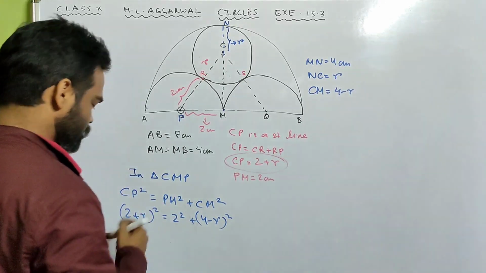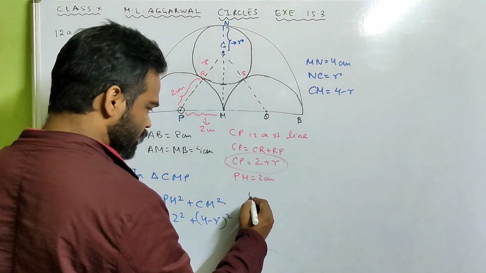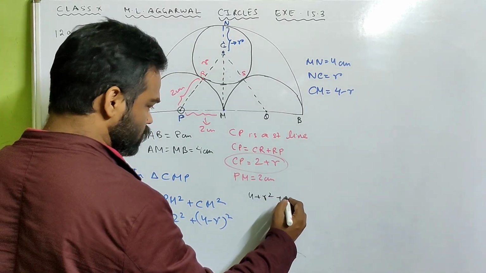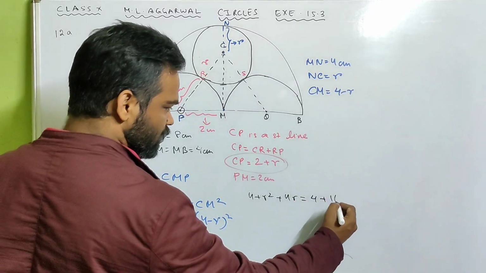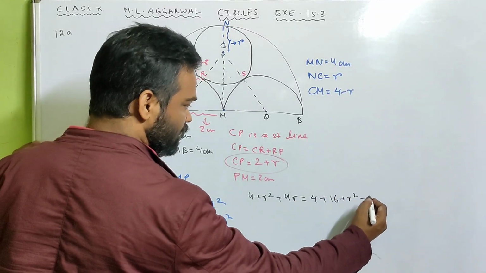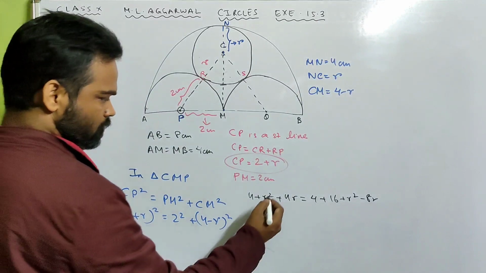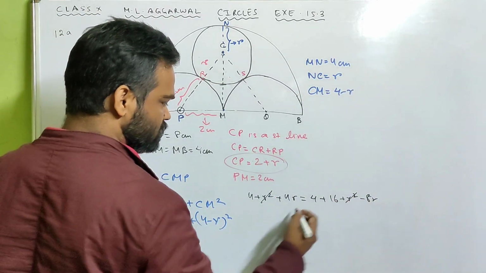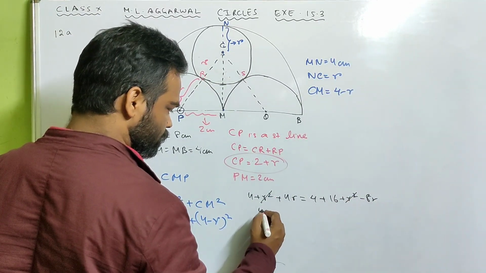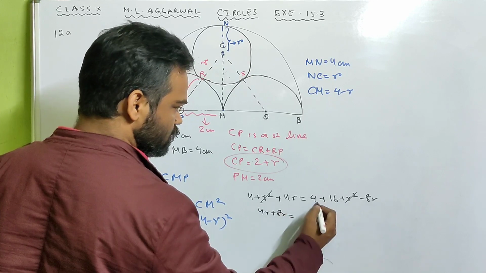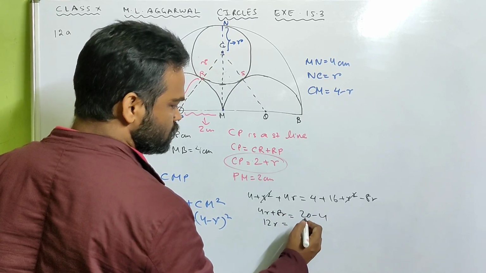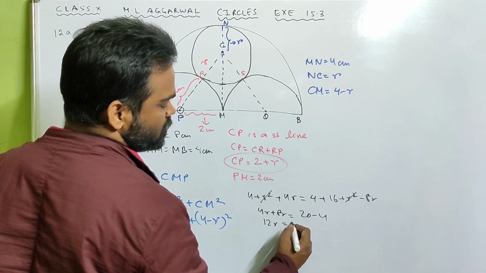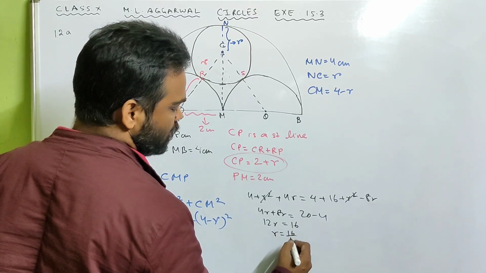Simplify this. (a plus b) whole square is a square plus b square plus 2ab. (a minus b) whole square is a square plus b square minus 2ab. r square gets cancelled. So 4r plus 8r, 20 minus 4. So 12r equals, this is how much? 16. So r is 16 by 12.